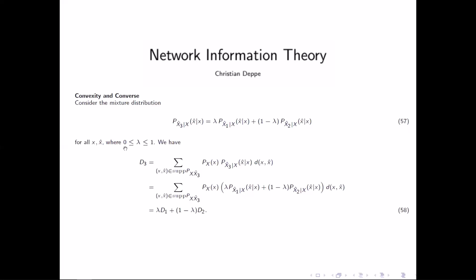And we define D3 as this point here, P x times this distribution times the distortion here. And of course, for this distribution, we can insert here this setting. And then we know that D3 is equal to lambda times D1 plus 1 minus lambda D2.